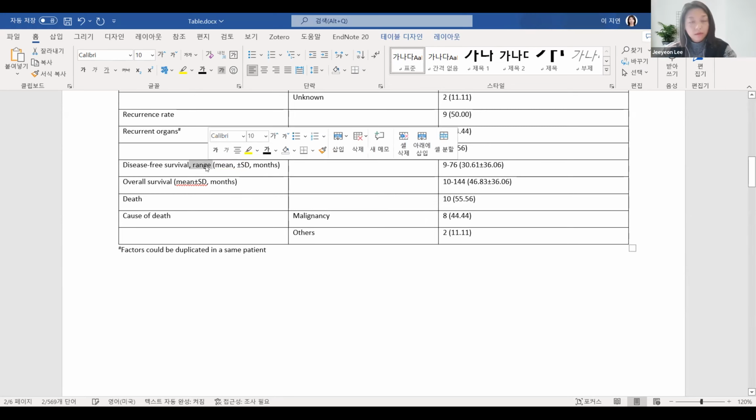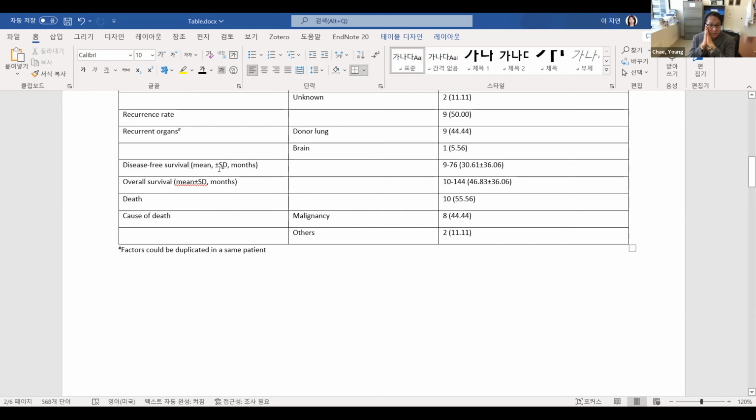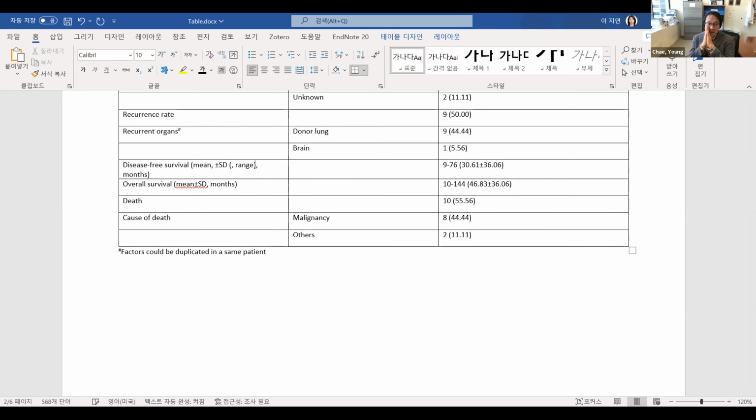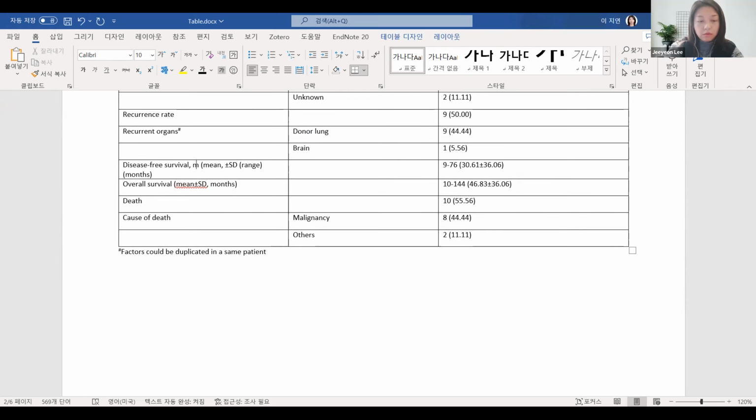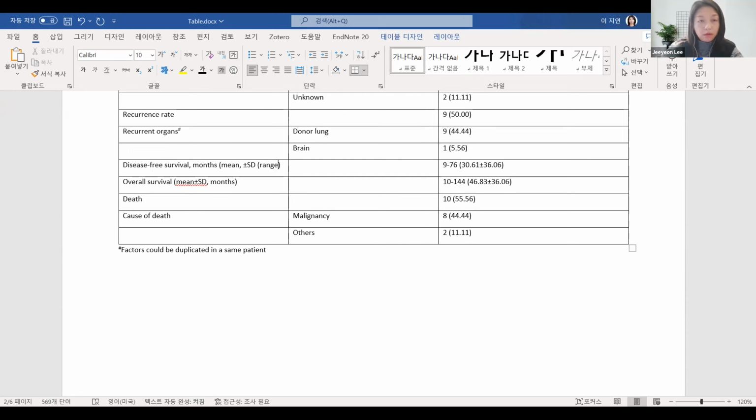Oh, got it. Yeah, and then the range in the back. The only range is in the parentheses, and the mean and standard deviation can be, yeah. Is this better? Better.